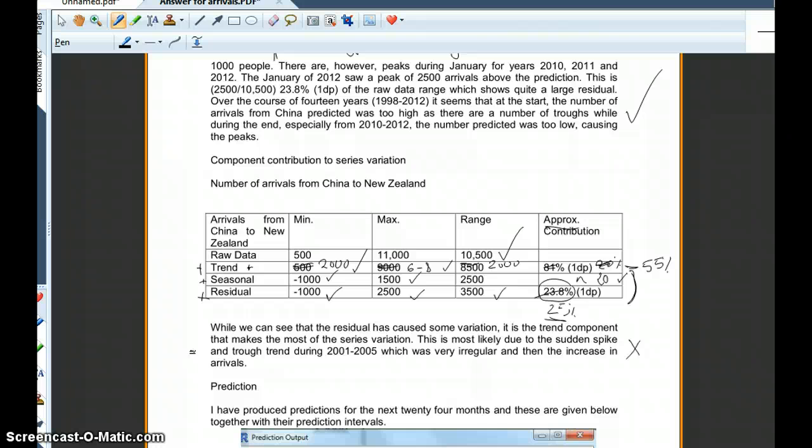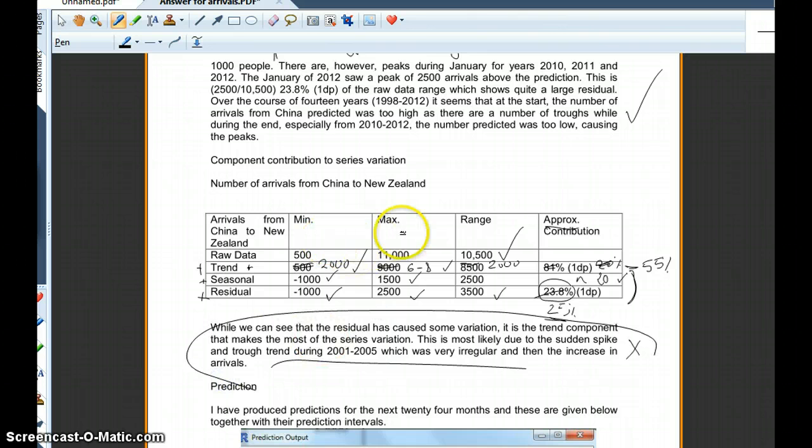Okay, and she's made a comment down here about that table, but of course it's all wrong because she worked it out to be 81%. It's much less than 81%. It's in the order of sort of 40 to 50%.